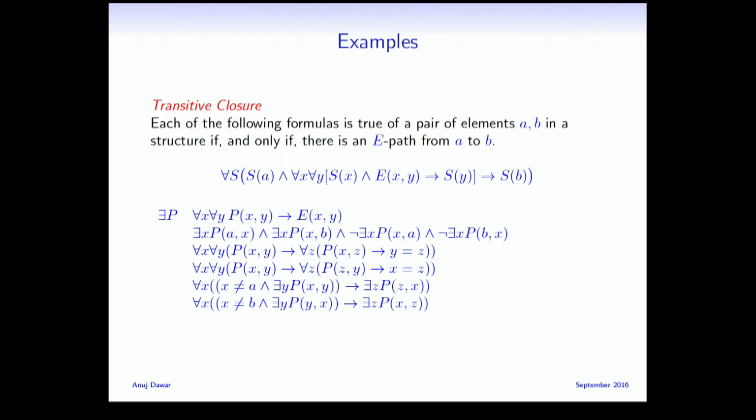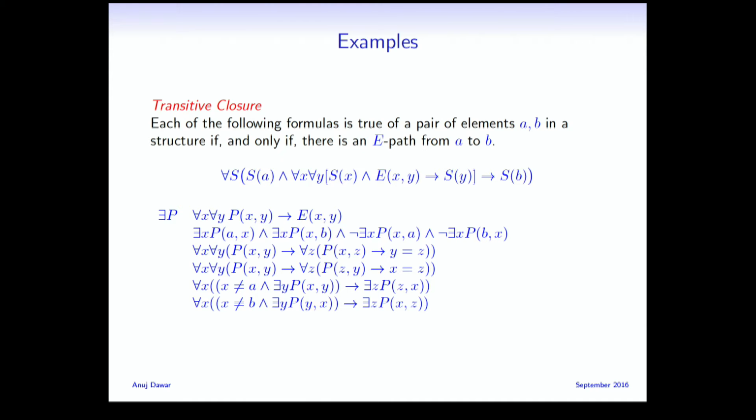Basically, it says that there's an outgoing edge from A in P, an incoming edge to B, no incoming edge to A, and no outgoing edge from B in P. For everything that has an outgoing edge, it's unique. For everything that has an incoming edge, it's unique. And everything other than A, if it has an outgoing edge, has an incoming one, and everything other than B, if it has an incoming edge, has an outgoing one.